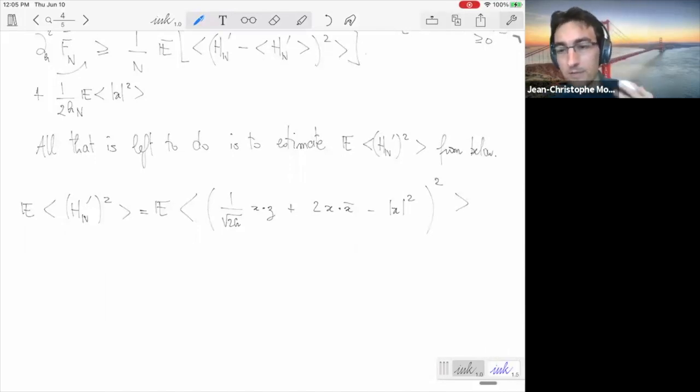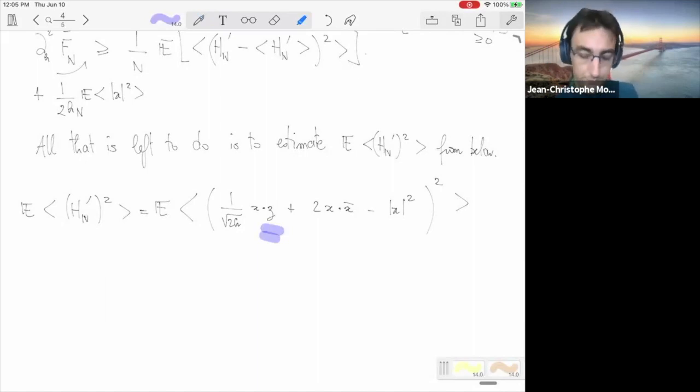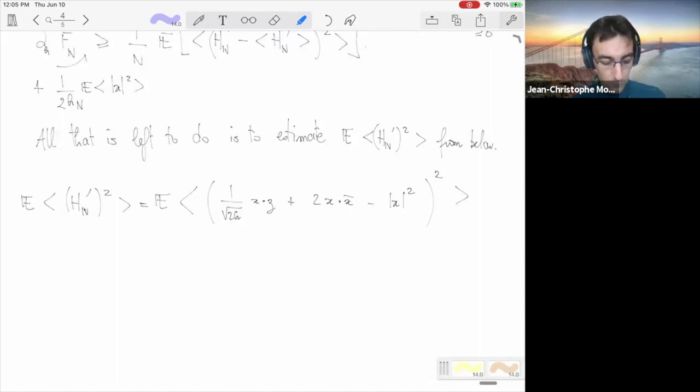The main thing that we need to do is try to use Gaussian integration by parts and replace z by x and x prime things. Okay, so that's what we're going to do. I'm going to expand the square, focusing on this z term.